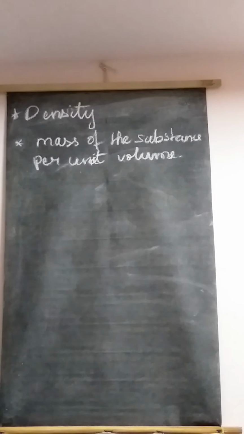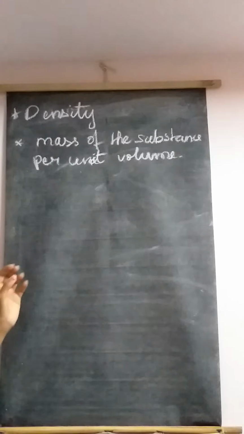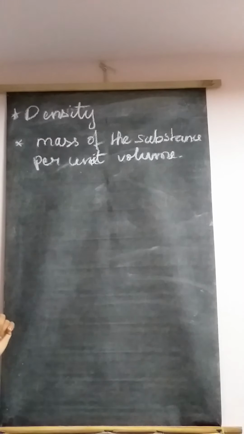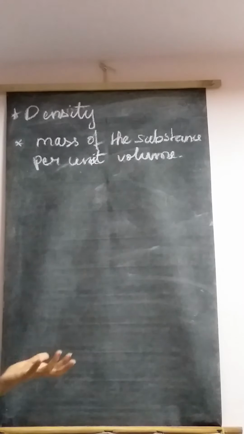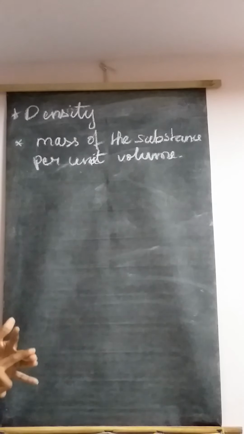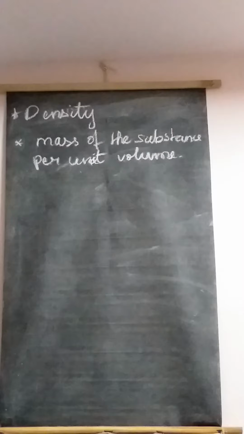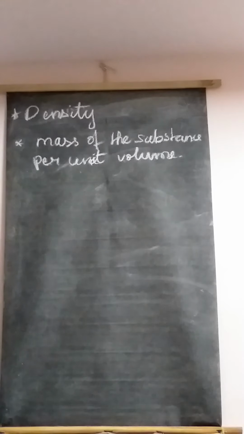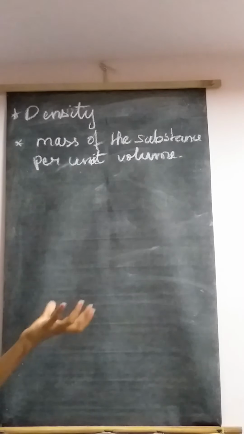So let us know that matter has mass and it occupies space. What is matter? Solid, liquid and gases. These are the states of matter. It has mass, and it occupies some space on this earth.